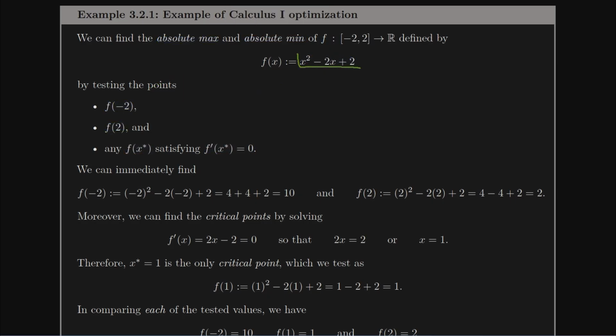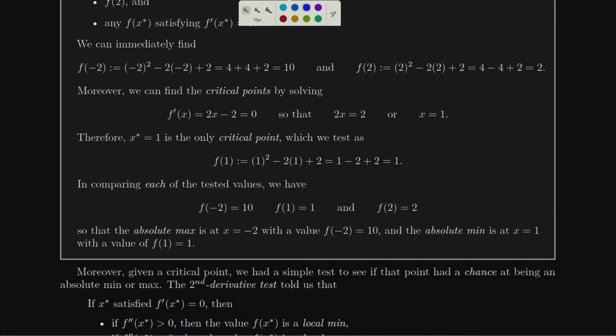We'll get the derivative equal to 0, we're going to compute a derivative, so that's going to give me 2x minus 2 here, and of course if that's equal to 0, I see that 2x is equal to 2, or rather x is equal to 1 is my only possible critical point, and so I'm going to go ahead and check the function value at the critical point.